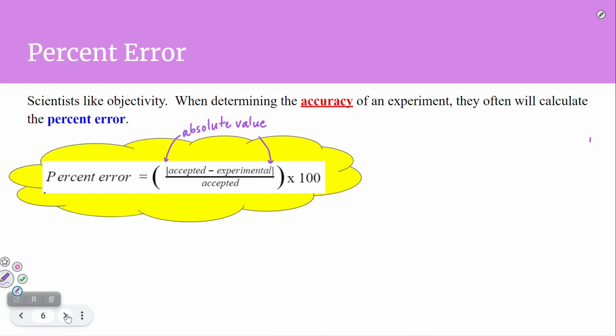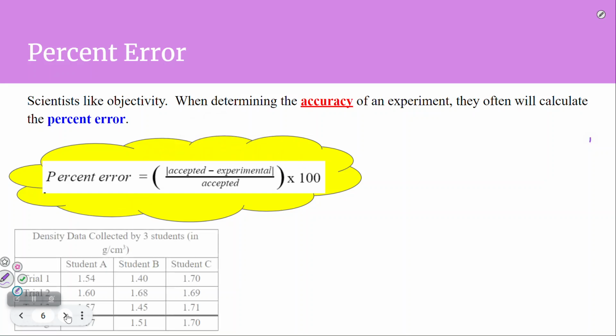So it's accepted minus experimental, the absolute value of that, divided by accepted value times 100. I'll give you a few moments to write that down. I hope you're still following along with me. Let me go ahead and erase this.